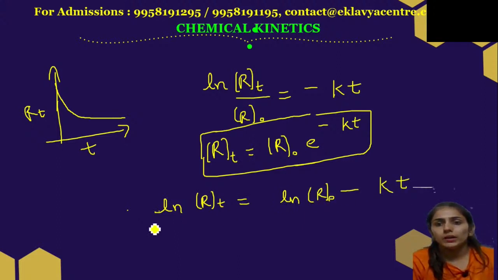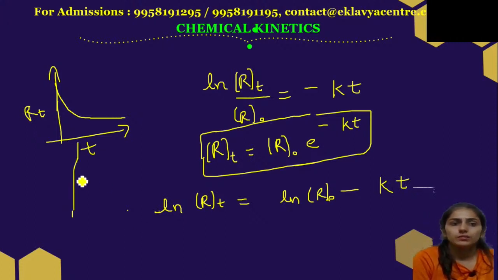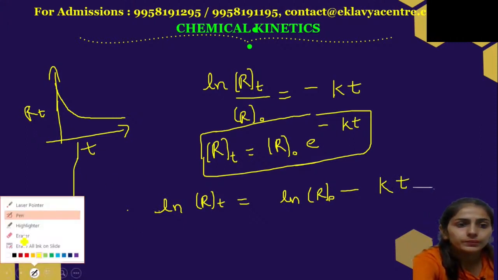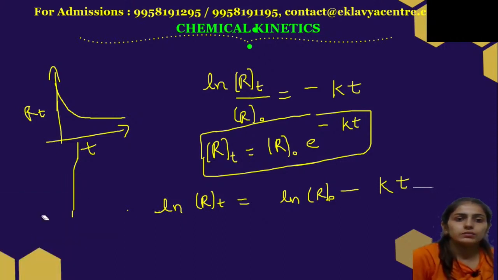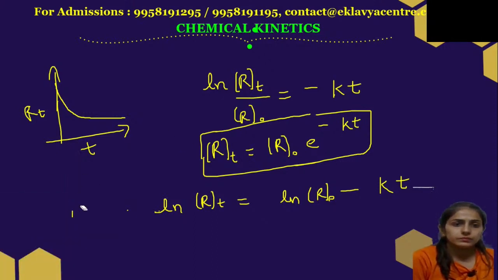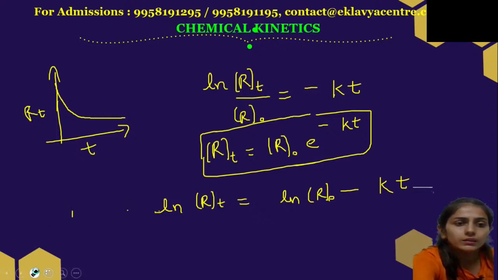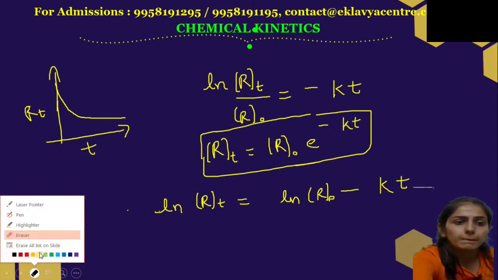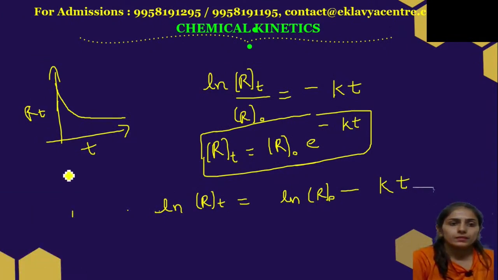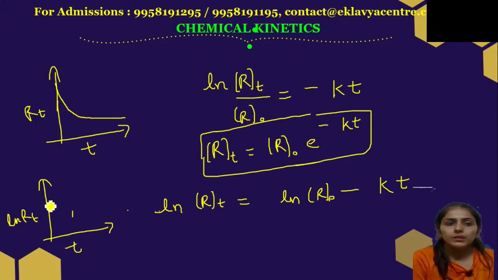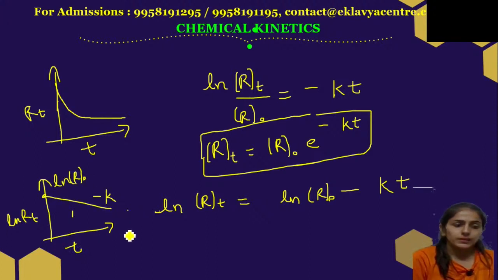If you want to draw a straight line graph, how can you draw it? Very simple. ln Rt versus t. We know that the maximum concentration is ln R naught, and this slope is minus K, right?